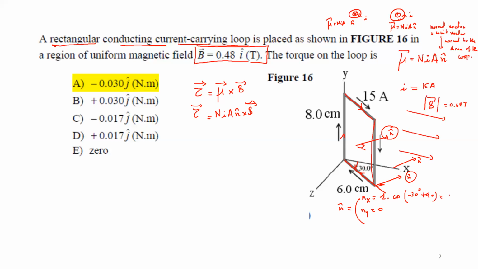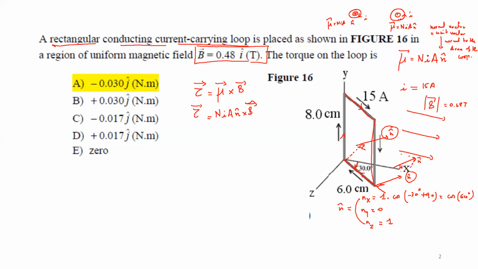So nx is just cosine 60 degrees, ny is 0 and nz is what? Is 1. Now nz here is negative, because if I project it along z here, it will be negative. Positive z is here, negative z is there.